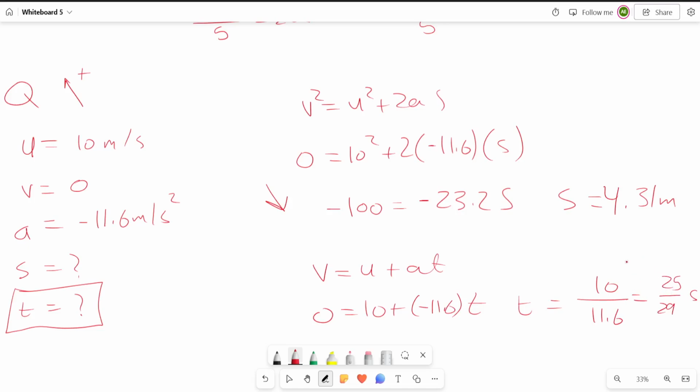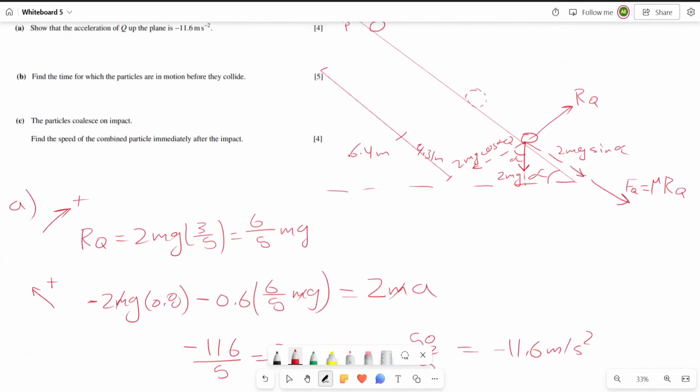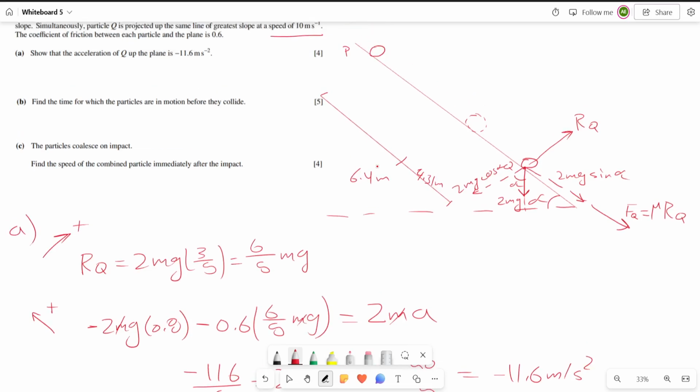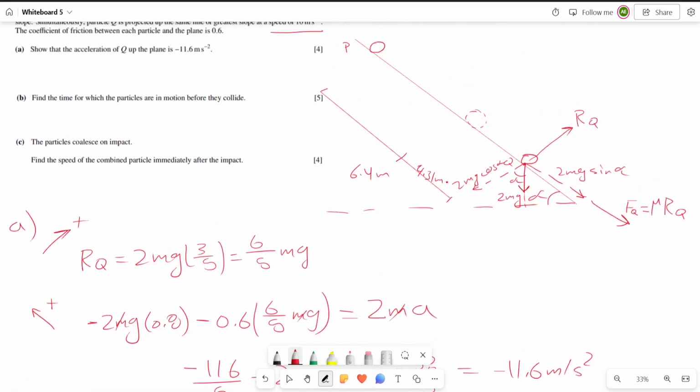So this is the time it took for Q to reach the maximum distance it will move, stop, and start rolling back again. So let's see what's happening to P after that time. When Q stopped, where is P? So let's start by doing that.